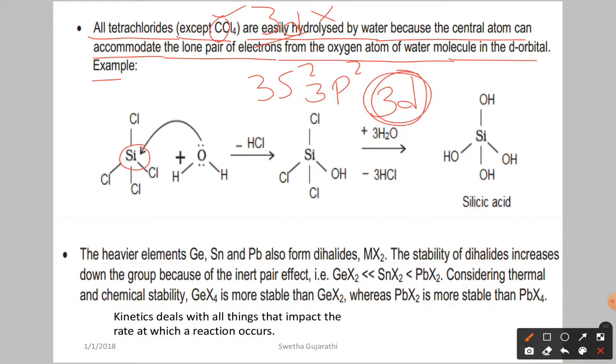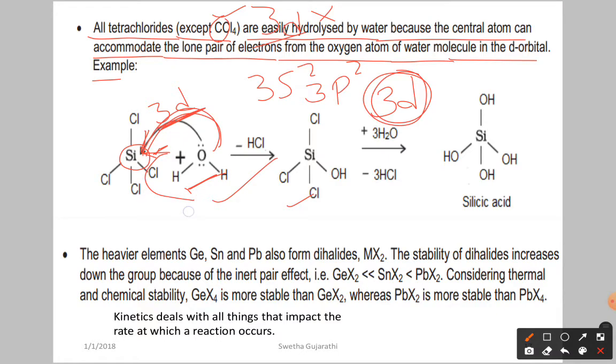Water has a lone pair of electrons on the oxygen atom. On reacting with water, silicon can take the electrons from the oxygen and accommodate them in the available empty 3d orbitals. Because of that, it undergoes hydrolysis.